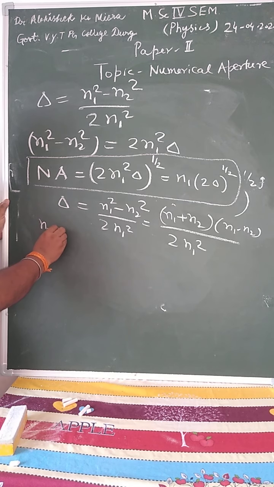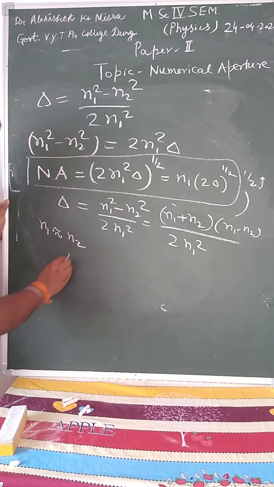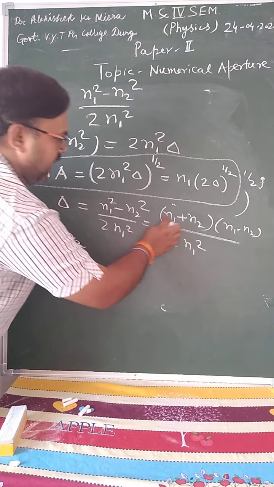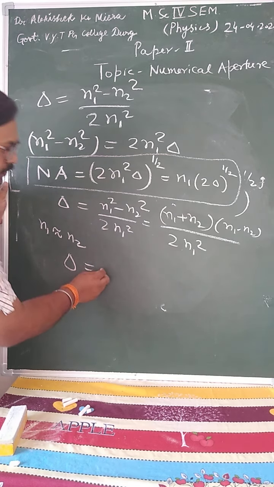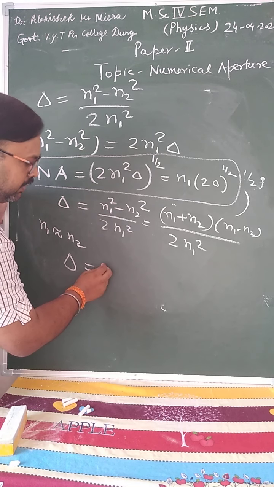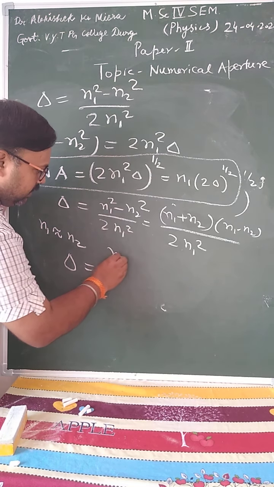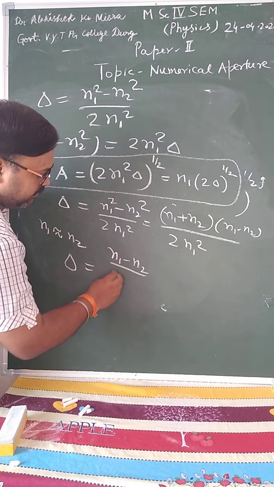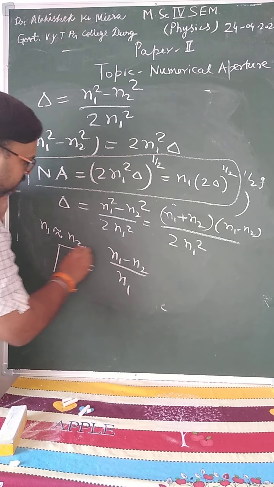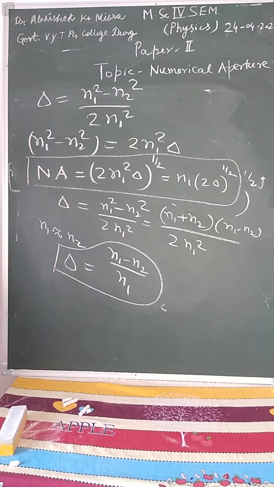If N1 is approximately equal to N2, then delta can be written with N1 plus N2 meaning 2N1, and this cancels out from the numerator, we get (N1 minus N2) upon N1. This is the relative refractive index difference.